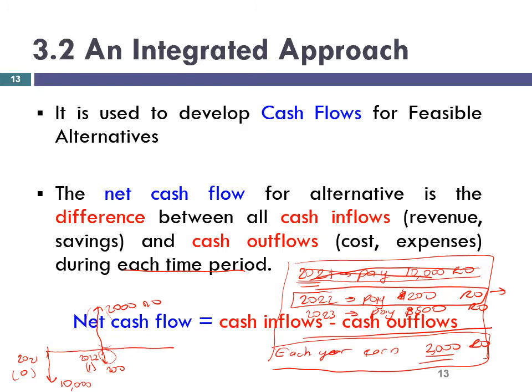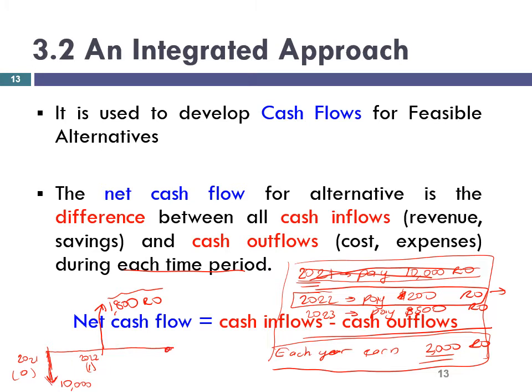Instead of representing it in this way, we simply subtract this cost 200 from the earning, which is 2000, and we write the net amount, which is 1,800 Riyals. This is what happens in 2022, and this is the net cash flow. Since it's an earning, we write it as an upward arrow. If it was a payment, a cost, then it should be a downward arrow.